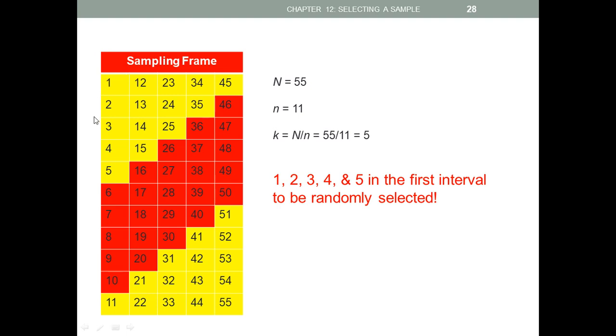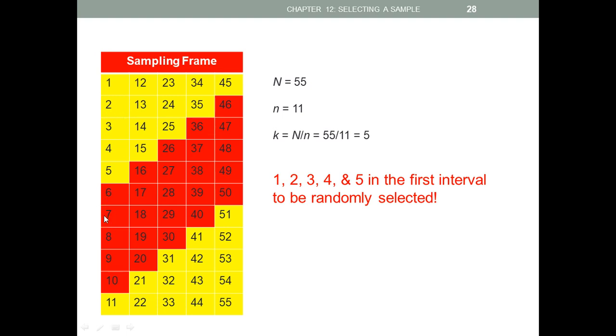Why? Because in the first interval, we select one sampling element randomly. It's random. However, after that, the process is not random. In other words, if we select number 2, and then the skip interval is 5, 2 plus 5, 7.